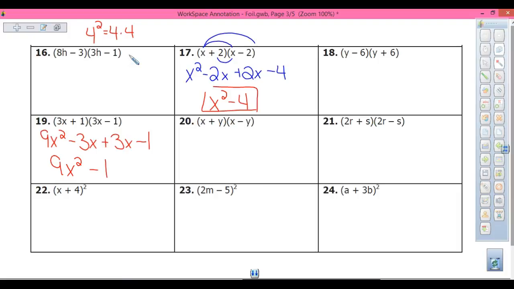Okay, alright, so if it's 4 times 4, this means to take x plus 4 times what? X plus 4. Okay, it means that we have 2 of them. So you have to rewrite it as x plus 4 times x plus 4.